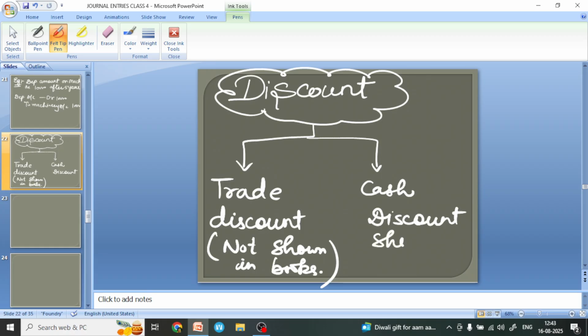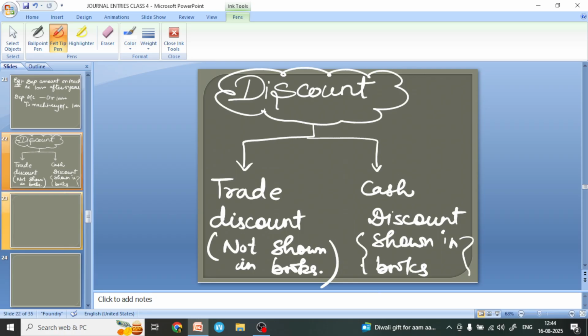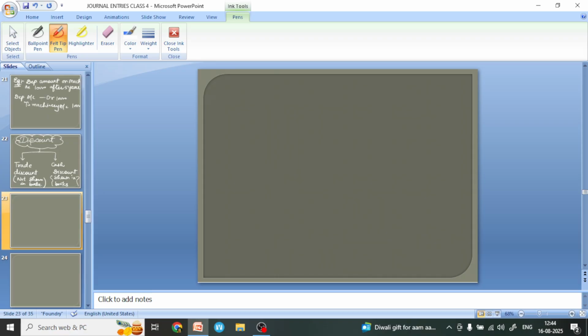Cash discount is shown in books. Now I will discuss only cash discount first. Cash discount is further divided into two types. Cash discount can be received, it can be allowed.